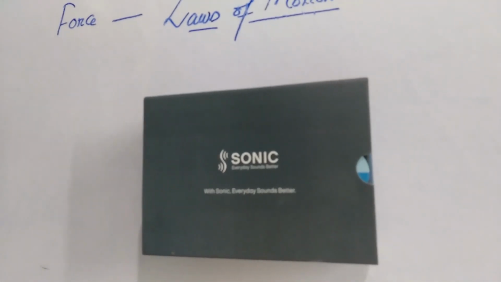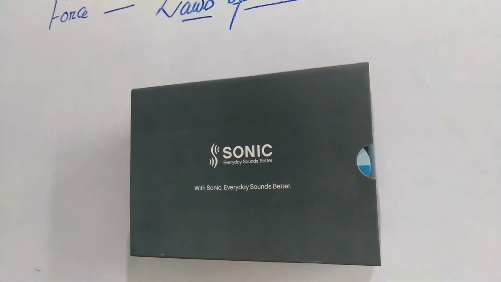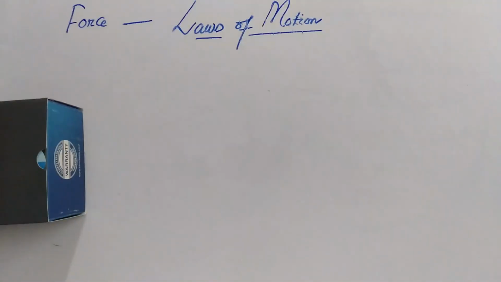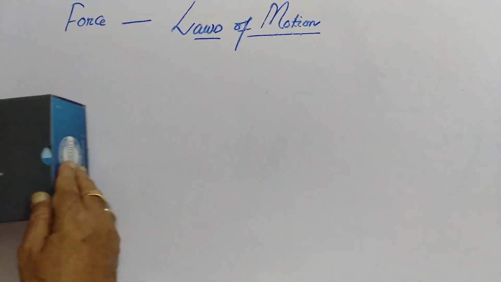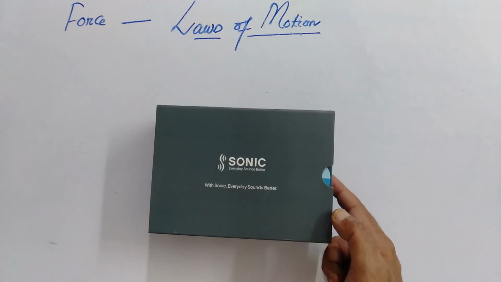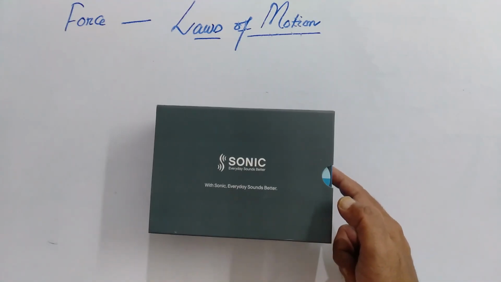Who is balancing this? That friction. Now it starts moving. So if you want to move the object, you have to apply a force that is more than the limiting friction force. Otherwise, the object cannot move.